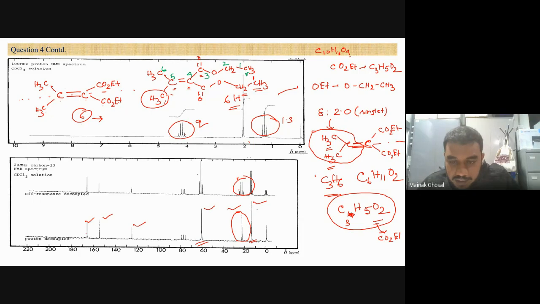This one corresponds to 1, as you have seen in the previous questions. This is 2, this is the 6th one. Now 3 will be this one. You have seen that the carbonyl carbon is highly deshielded, so 3 is this one. Now among 4 and 5, which one is 4 and which one is 5? Who can tell me?